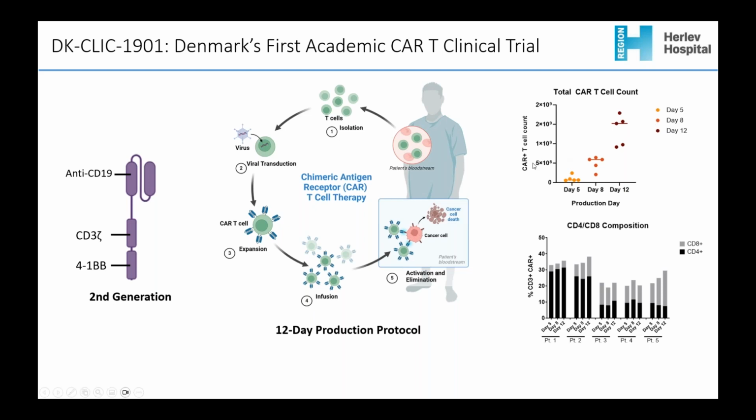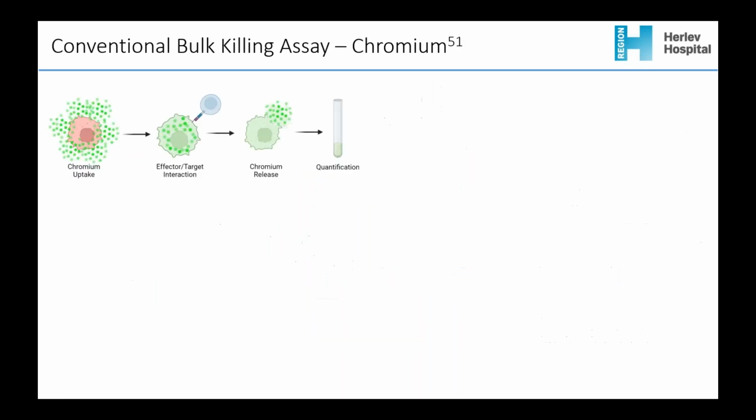Here we can see the total number of CAR-positive cells. You'll notice a lot of differences between the patients here, in how many cells are produced. And then in the bottom graph, we can see the CAR expression across the days and across the patients, and within the CAR expression, the CD4 and CD8 makeup of the CAR-positive cells.